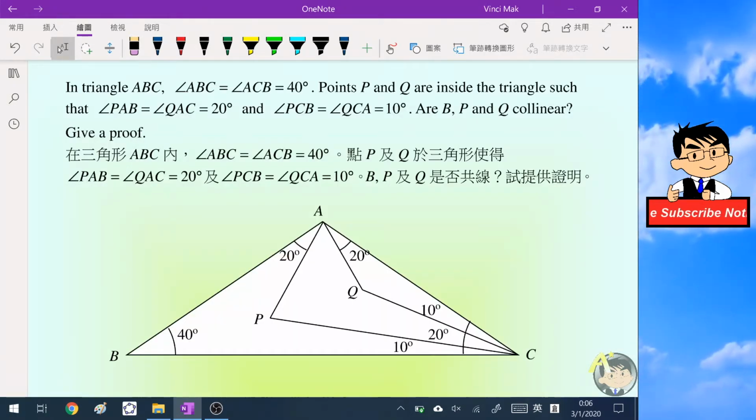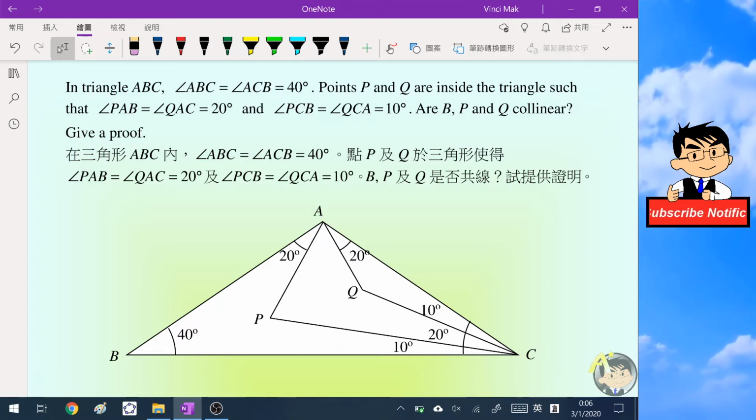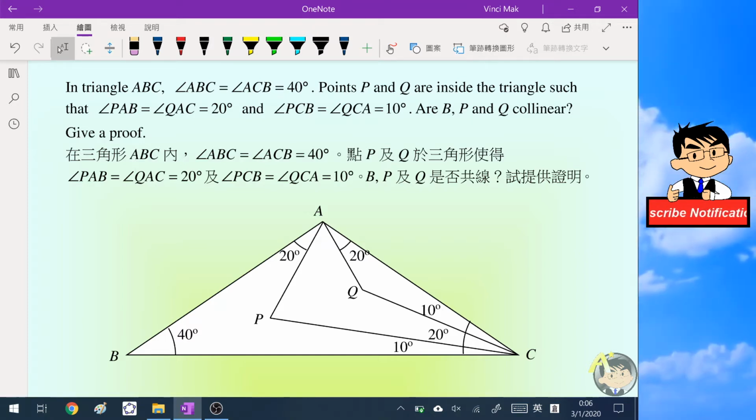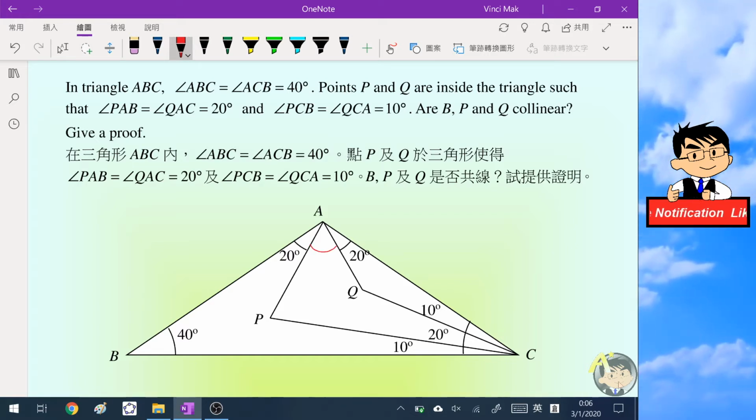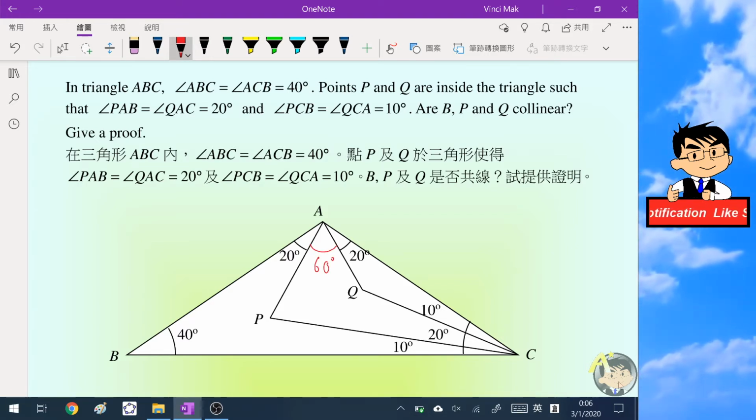So I prepared a diagram for this question, and I labeled all the given angles. We can also quickly deduce that angle PAQ is equal to 60 degrees.